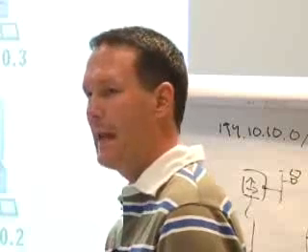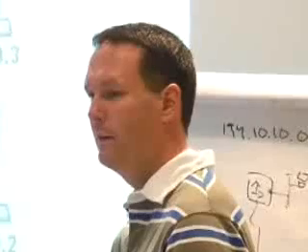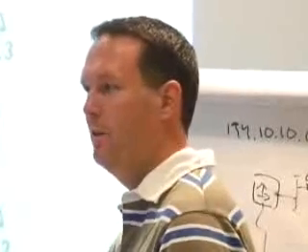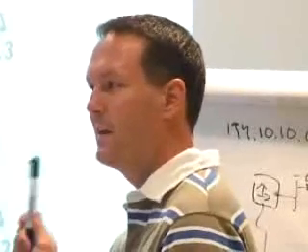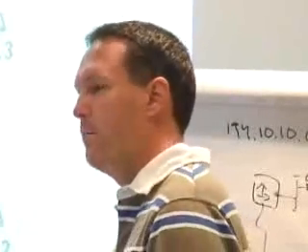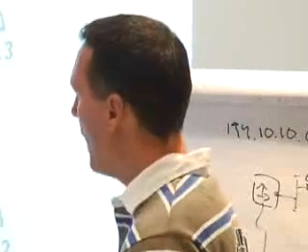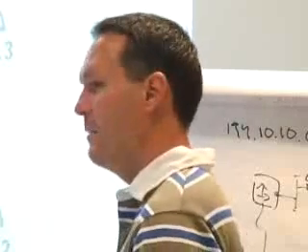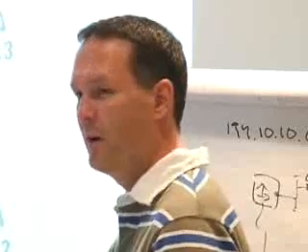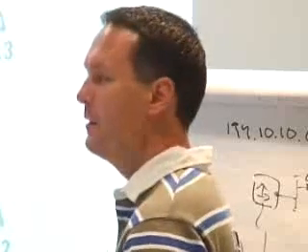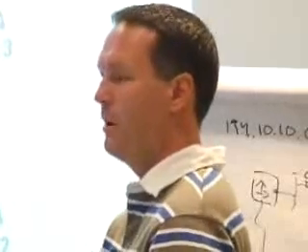B. Class B, all the way up to 191, right? 192 is where C starts. So this is a Class B network. What they've done is they've taken a Class B network, 190.100, with a 16-bit mask, 255.255.0.0, and they've subnetted it up to a 24-bit mask.